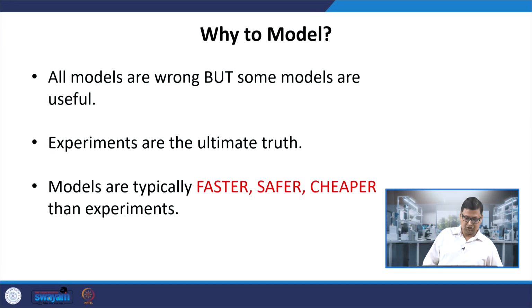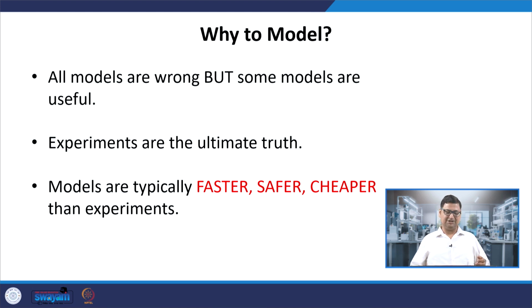Okay. So, now the question comes, if model is not equal to reality, then why should we model in the first place? Why are we doing this course on analysis and modeling in chemical engineering, right? The reason being that yes, it is true that all models are wrong in the sense that they are not equal to reality, but some models are still useful.